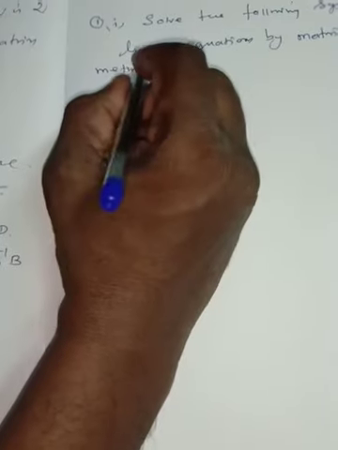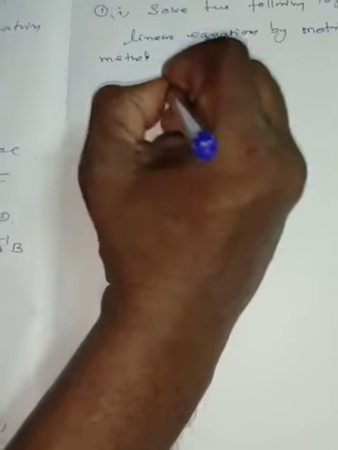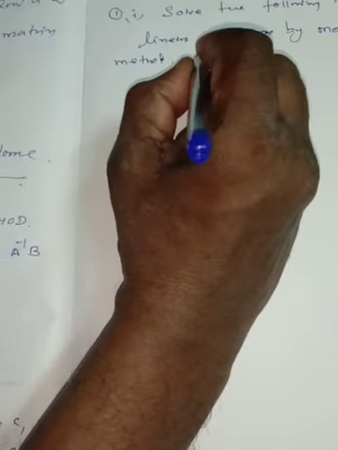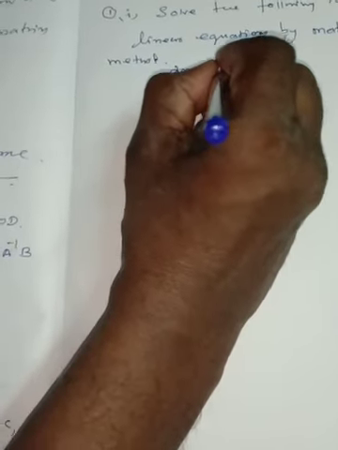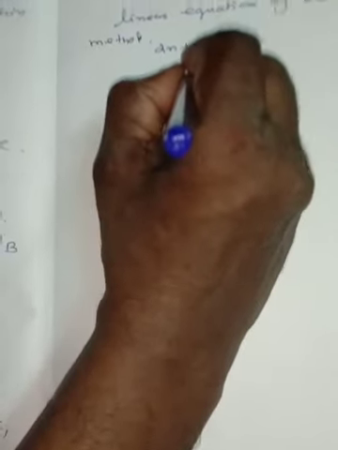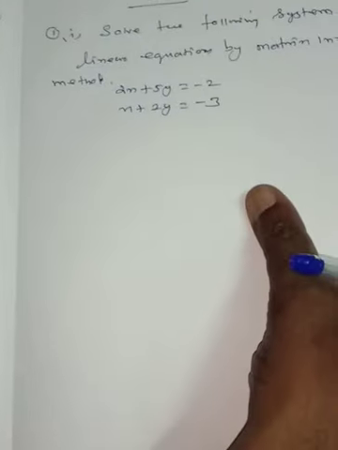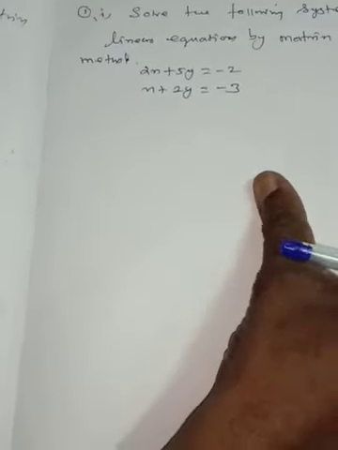Question number 1: 2x plus 5y is equal to minus 2, x plus 2y is equal to minus 3. First, matrix equation.